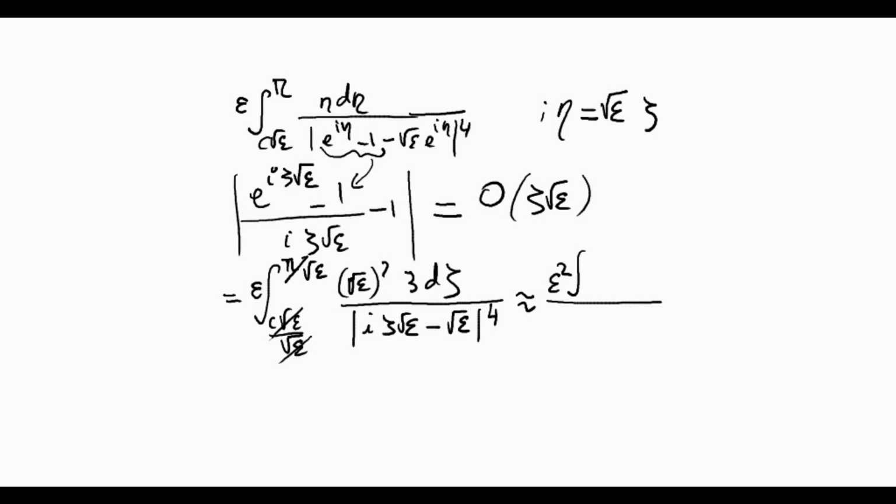So we have integration from c to π divided by square root epsilon of ζ dζ, and then we have ζ squared plus 1 to the power of the square, and then divided here by epsilon.